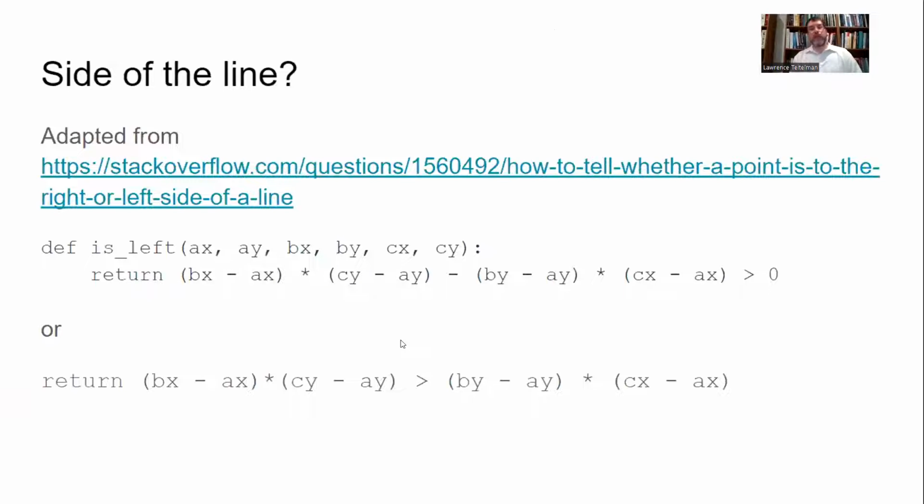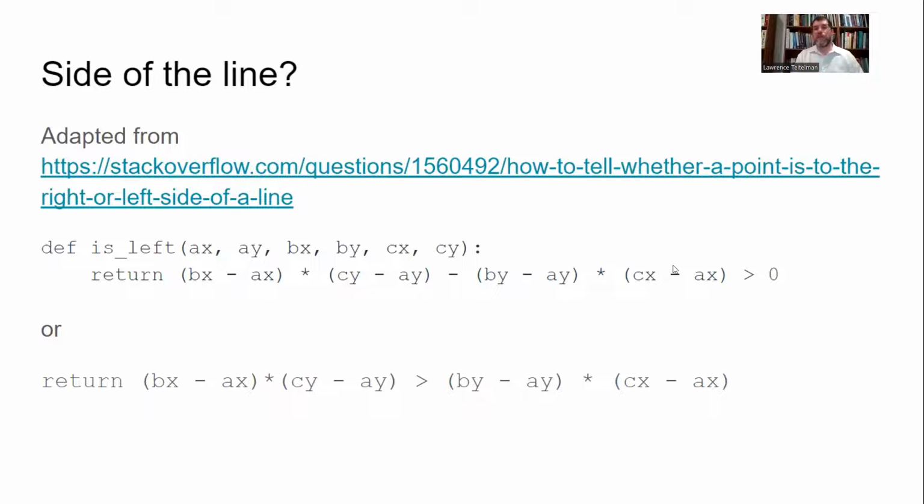3 points. I need 3 points, right? Because I need the 2 points that form the line, and then the third point, where is it? Is it on the left side of the line or on the right side of the line? So we have 3 points. We're calling the points A, B and C. AX and AY are the coordinates of A, BX and BY are the coordinates of B, and CX and CY are the coordinates of C. And we compare this formula to 0.